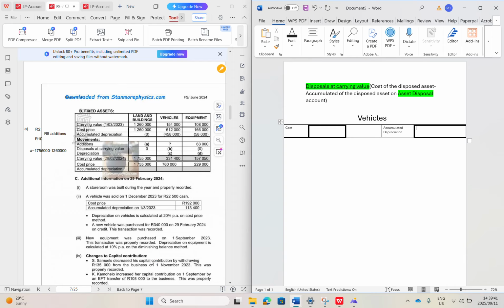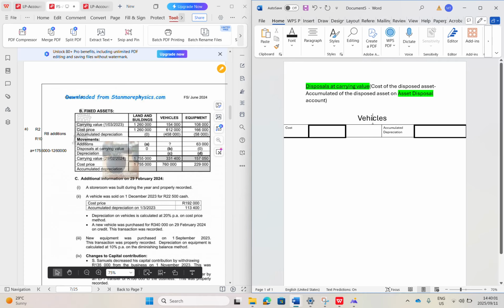So in our case, letter B is disposals at carrying value. Anything that has to do with disposals needs a disposal account. That's why I did a disposal account. We disposed vehicles, so my disposal account is vehicles.